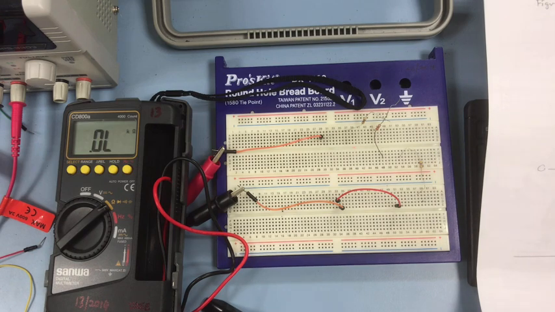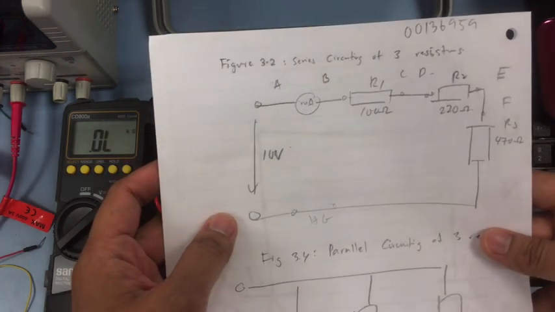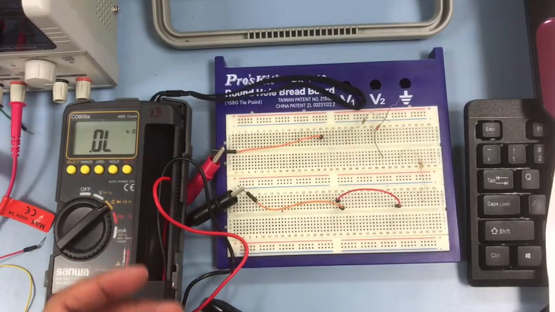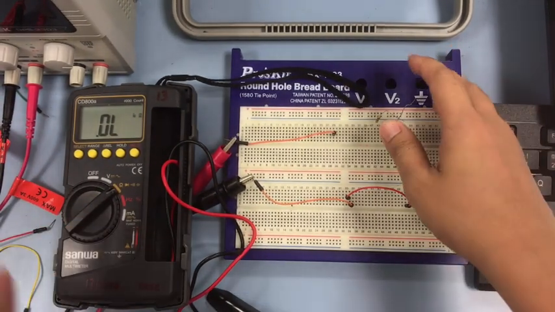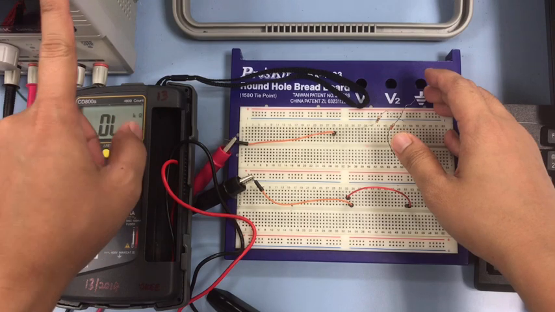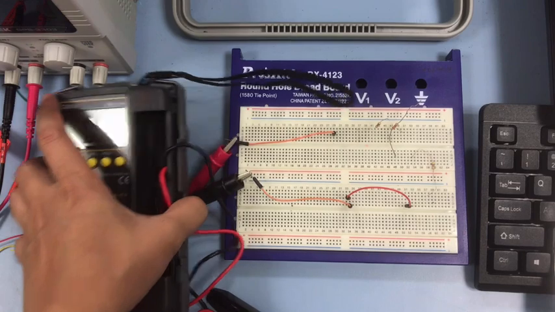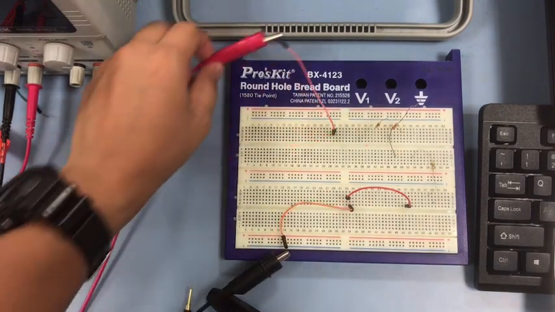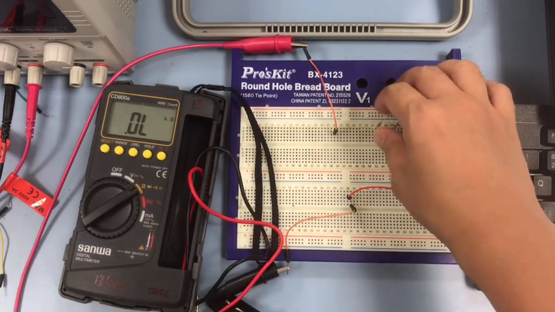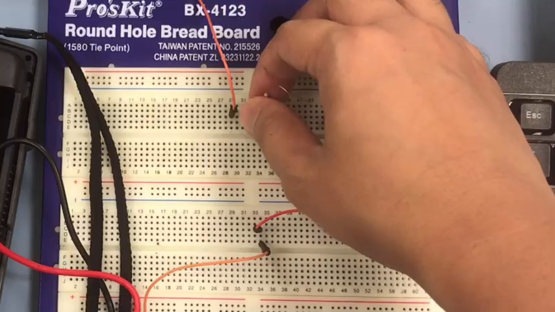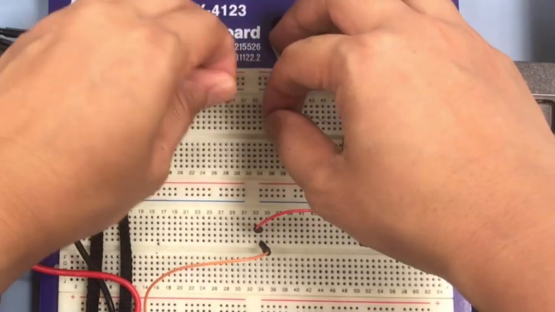Now we want to create the first one, a series circuit of resistors. You can see here we have a breadboard, so make sure everything is off first. This power supply is already in off mode. I already connected this one from the power supply, and then from the power supply I connect to here.